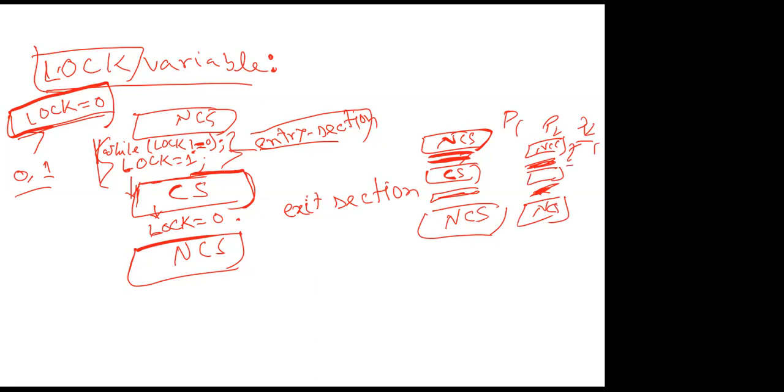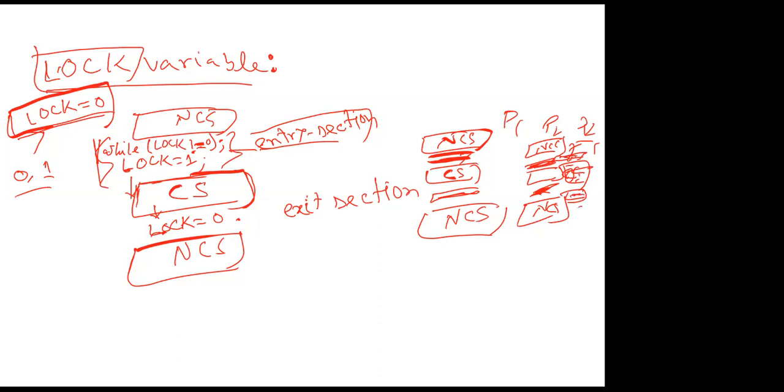Also, for process P2 it is the same thing. If this is the critical section, then you need to add these two lines of code to enter the critical section, and after exiting you need to add lock equals 0. This is the same code.